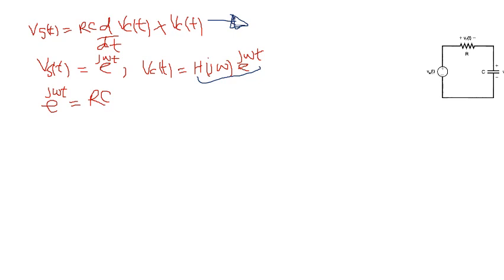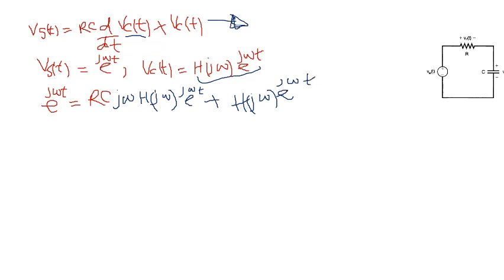So if you look at this equation, here the derivative is, if I take the derivative, which you have already taken, it will be j omega, right? You understand? And it will be h of j omega, and this is e power j omega t, and plus VCT is h of j omega e power j omega t, right?